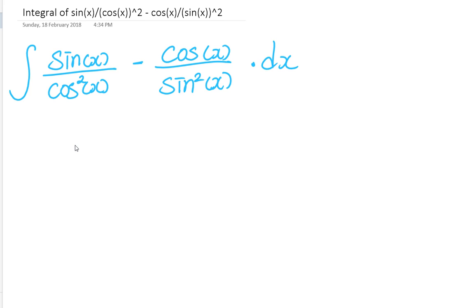Now, I hope everybody understands that this expression can be interpreted as cos x or square. All right, so they're the same thing. So, indeed, when you first look at it, it can be quite overwhelming. But this is actually a very simple integration problem to solve. But we have to use the right method, right?